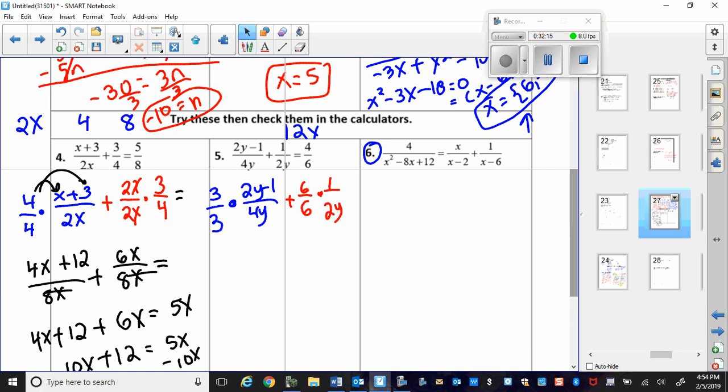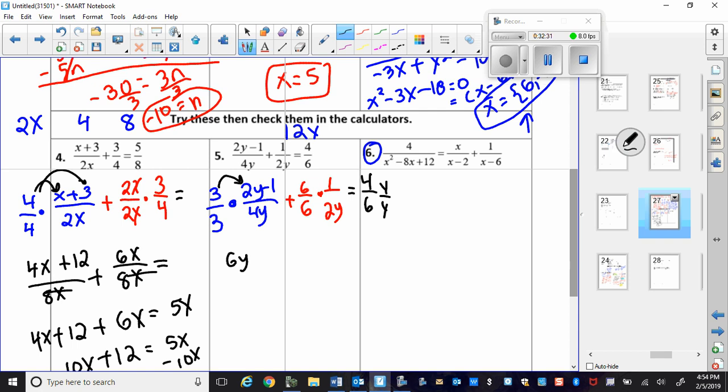And then, for the last one, you need to multiply by y and y. And it should give me the same denominators. So I have 3 times 2y is 6y. 3 times negative 1 is negative 3. Plus 6 equals 4y. Everything else becomes 12y all the way across. Oh, sorry, that should be 2y.